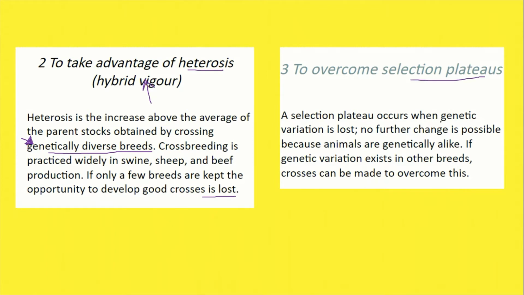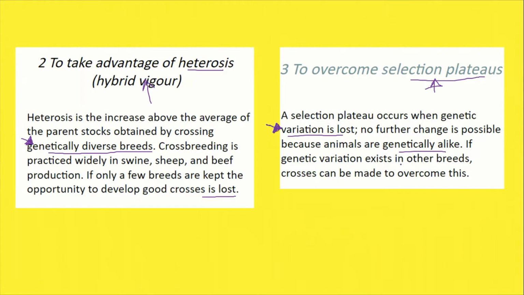A selection plateau occurs when genetic variation is lost. I remember we talked about maybe some animal has been wiped out by a natural calamity and diversity has been lost. Even if that population was able to grow again, we are still not able to have more genetic variation. So in such a situation where we have a plateau in genetic variation, no further change is possible because animals are genetically alike.